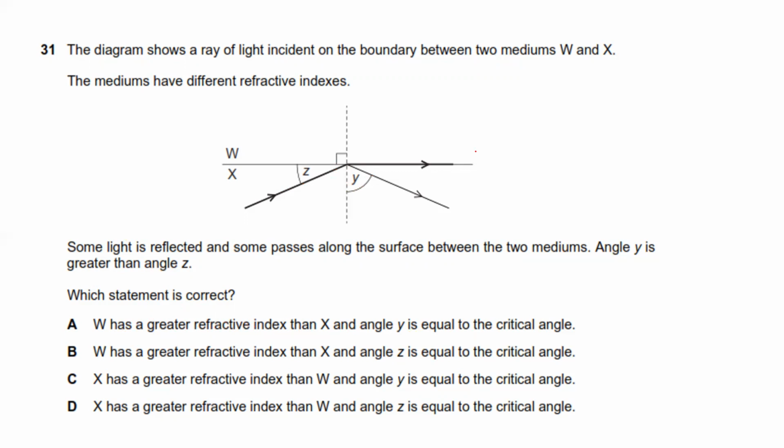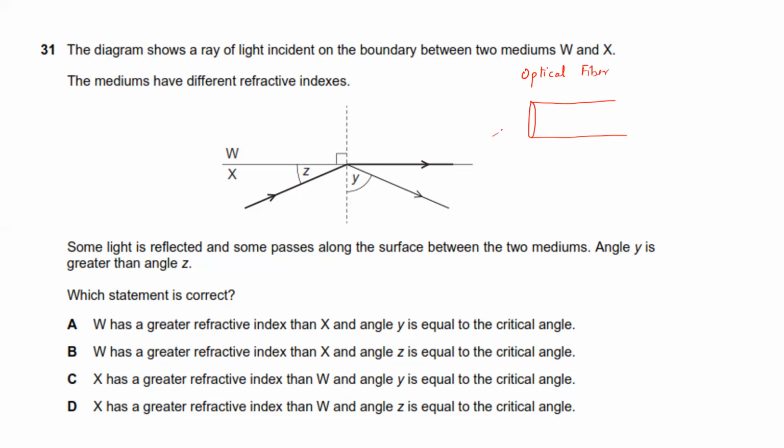So remember, critical angle is the angle... The best way to remember this is to consider the use of critical angle. The critical angle is used in optical fibers mostly for communication purposes.